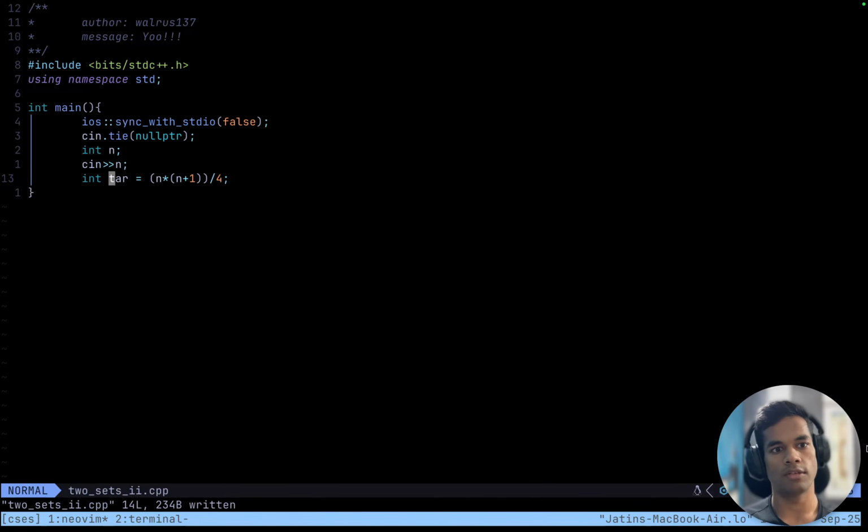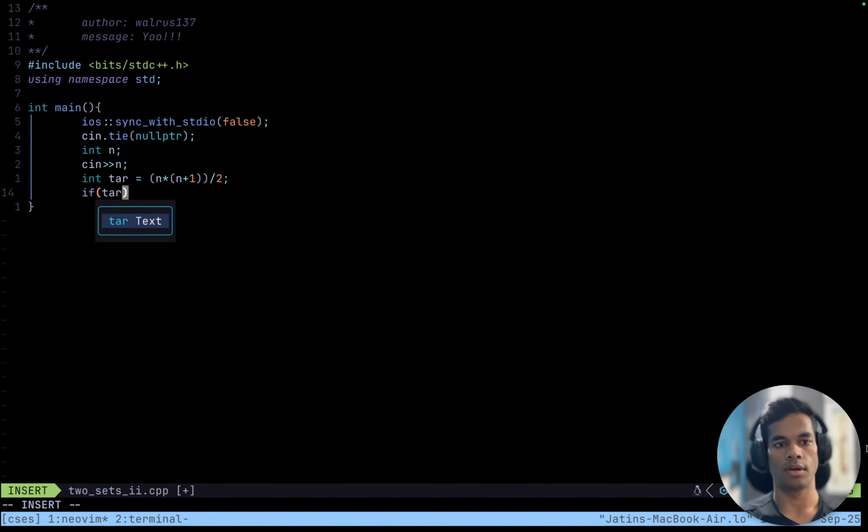And also this should be float, because if the thing is... well, okay, let's just use 2 here, and if tar is odd, then I can just return 0.